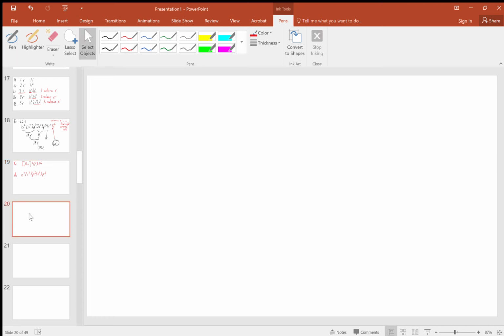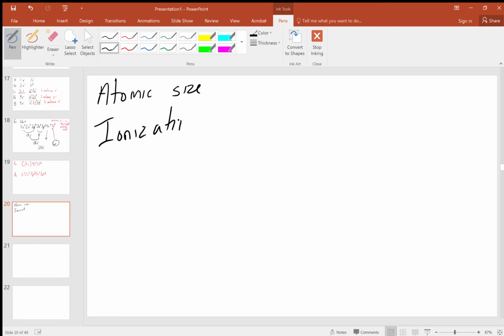So finally, there's a few other trends that we're going to be able to get as basic information from the periodic table. And these include such things as how large an atom is, how easy it is to remove an electron, what we call ionization energy, as well as how much an atom wants more electrons, or electron affinity.